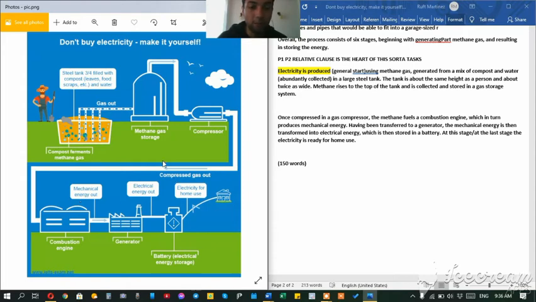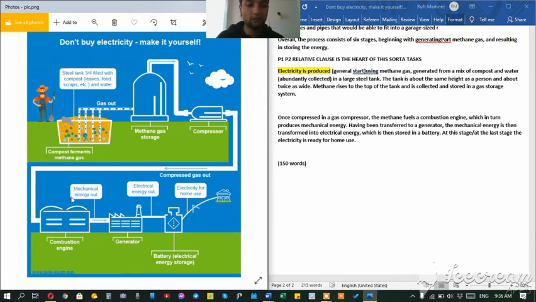That's it. The compressed methane comes here and makes the combustion engine work, which in turn produces mechanical energy. P2 and relative clause. Going on.